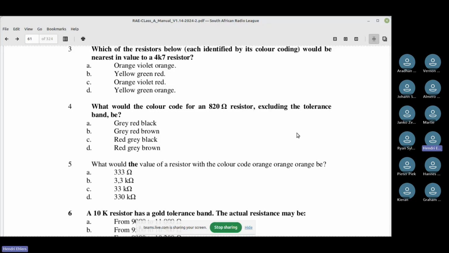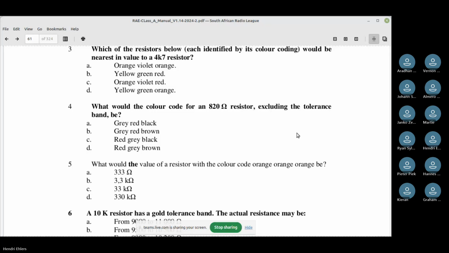All of us can't be wrong. Right. What would the color code for a 820 ohm resistor, excluding the tolerance band, be? So we know that 8 is gray.